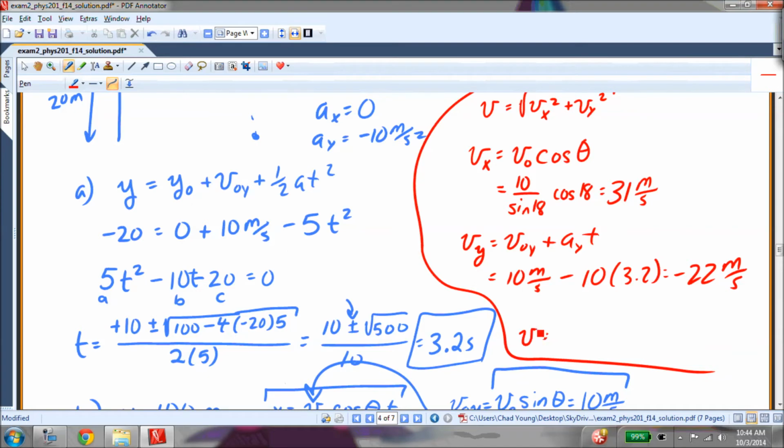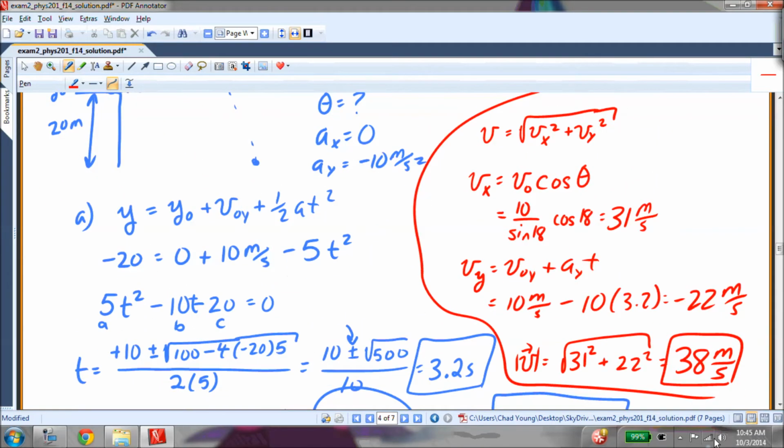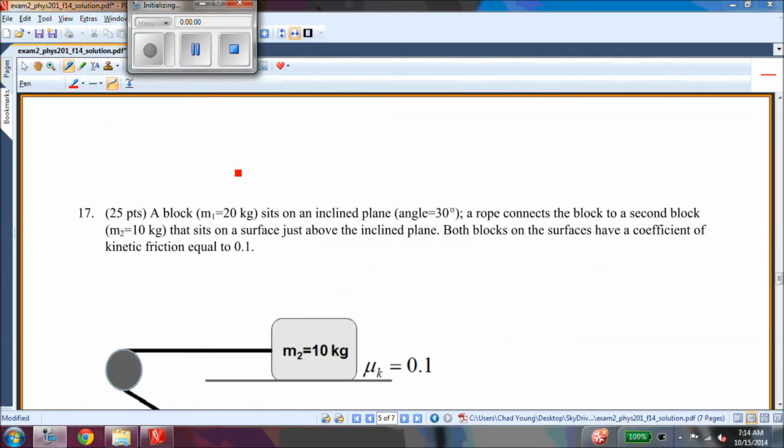So we say V, the magnitude of the final velocity is the square root of 31 squared plus 22 squared. I get 38 meters per second. And that's the right answer. It's just asking for the magnitude, not the direction yet.